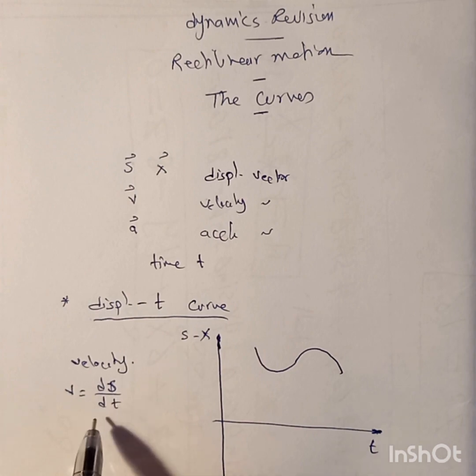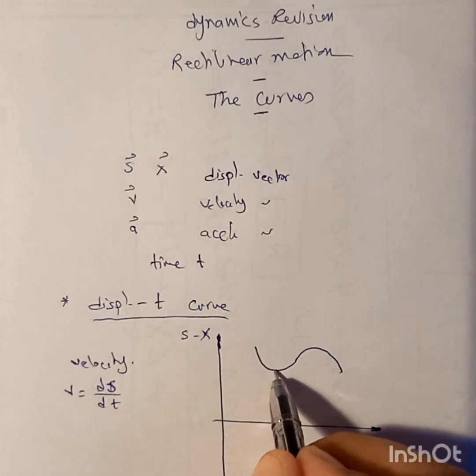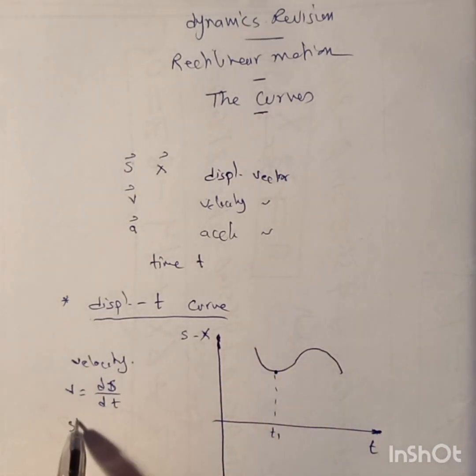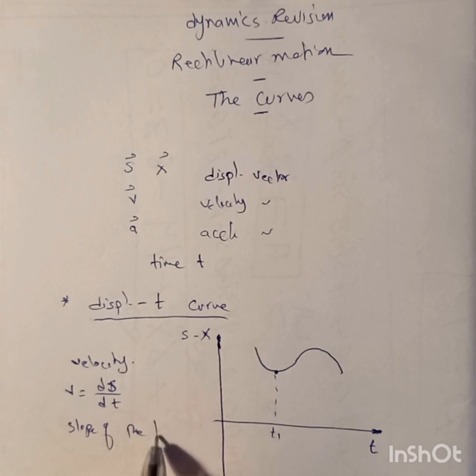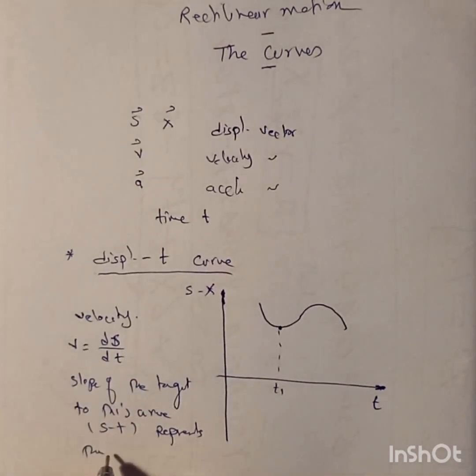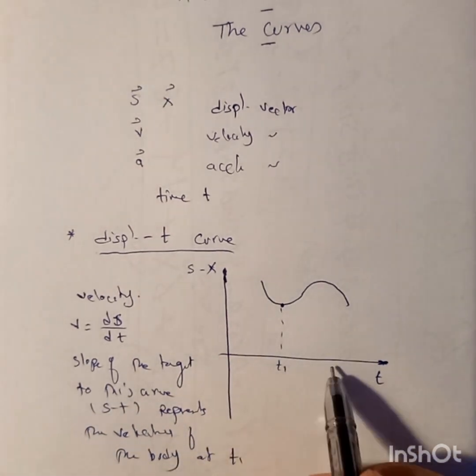Then at any time, for example t1, if we find the slope of the tangent to this s-t curve, this represents the velocity of the body at this time t1 or within time interval t1 and t2.